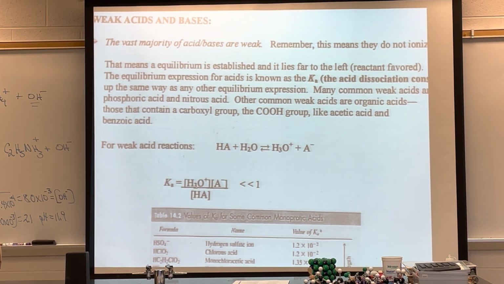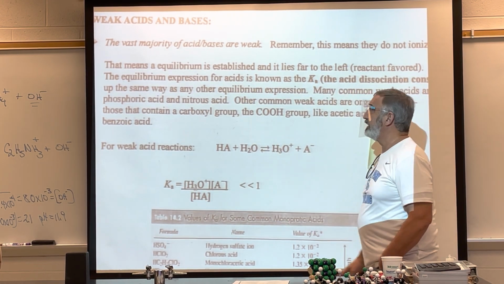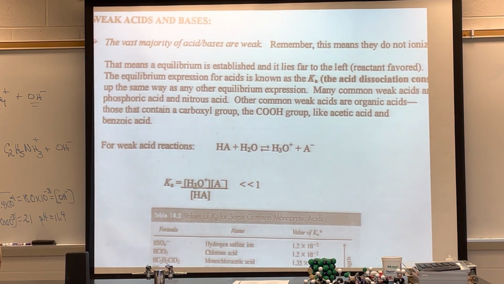It's much less than. When you put 2 like that, it means not just a little bit less than, but much less than. Just a little math notation there for you. That's very common. We already know the value of the Ka is products over reactants, so the smaller Ka is, the fewer products there are, and the weaker the acid is going to be.